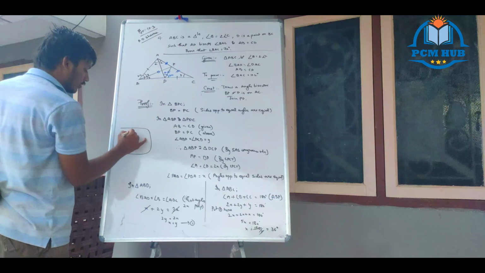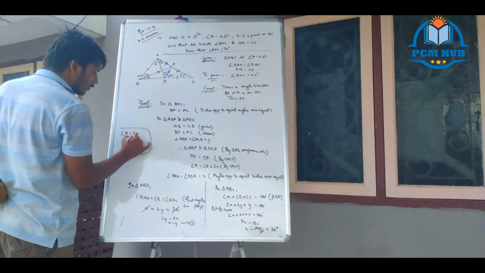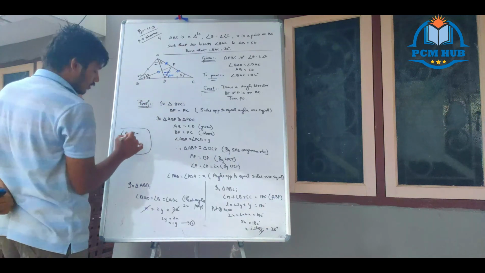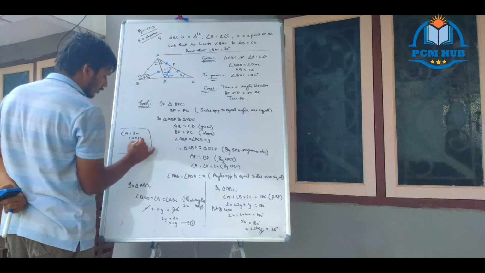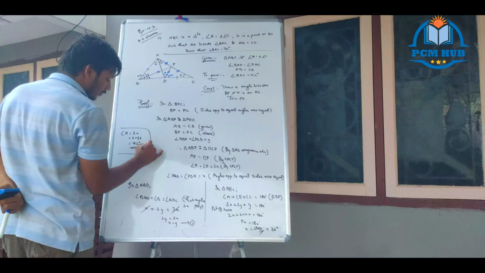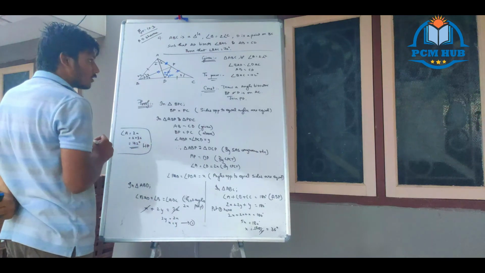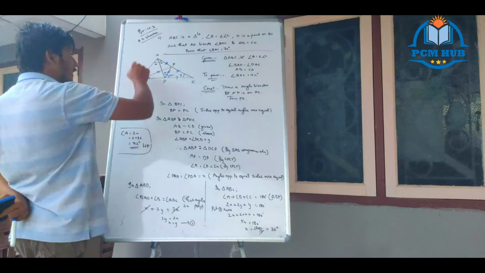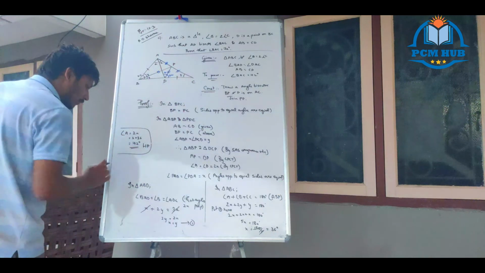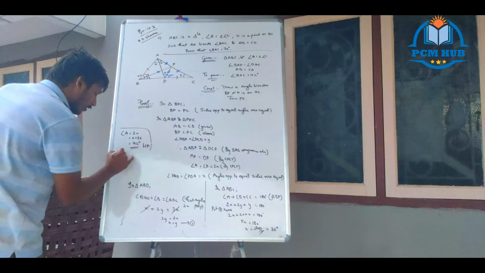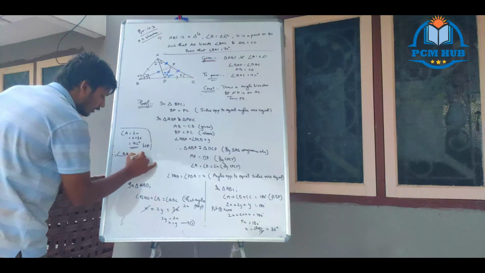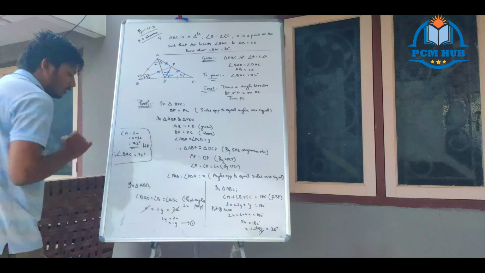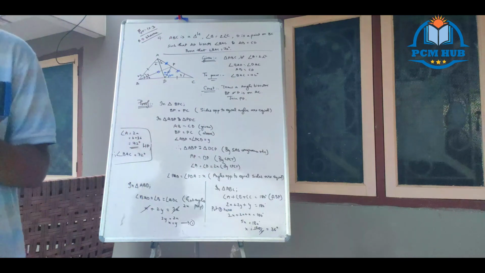Angle A equal to 2x, which is equal to 2 into 36, hence proved. So angle BAC equal to 72 degrees. This is what you need to prove.